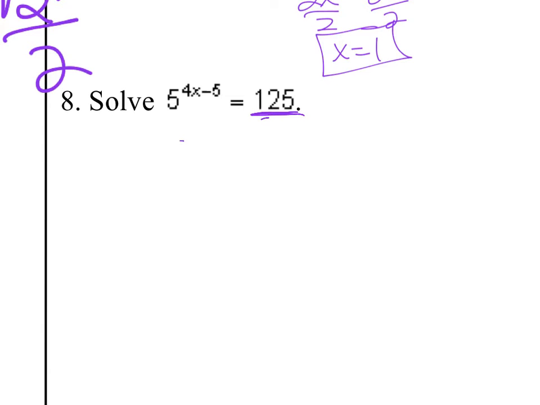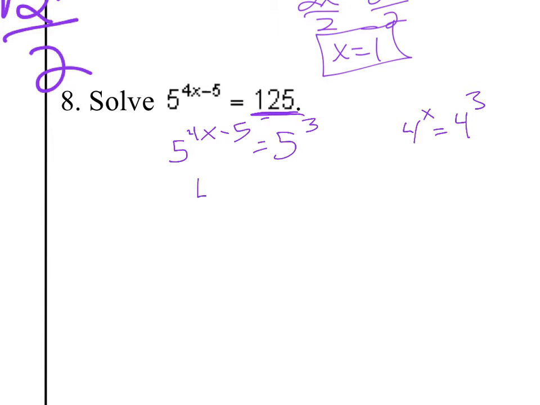All right, so we rewrite this now so that both sides have a base of 5. This means I can set the exponents equal. Remember we said that if 4 to the x equals 4 to the third, x is equal to 3. That becomes obvious when you see it that way.